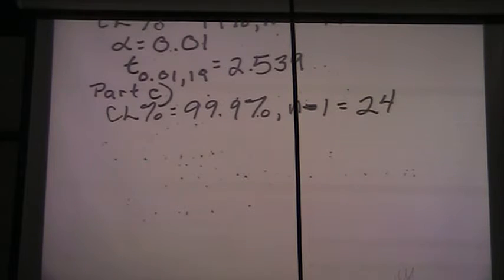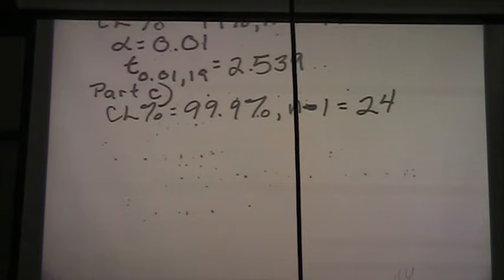Now, on your table, they have every digit from 1 to 30, and after that, it starts skipping, and you have a degrees of freedom of 40, 60, 120, and infinity.